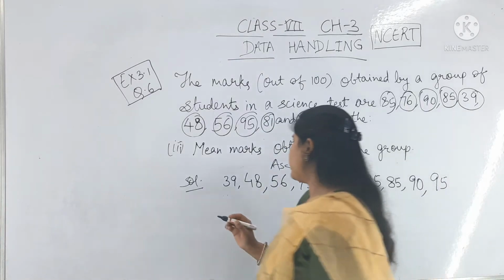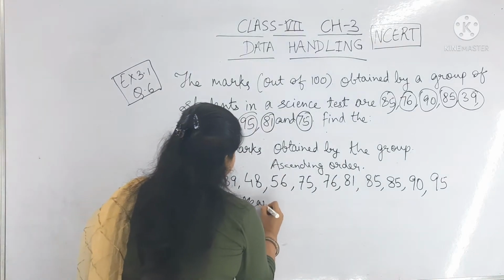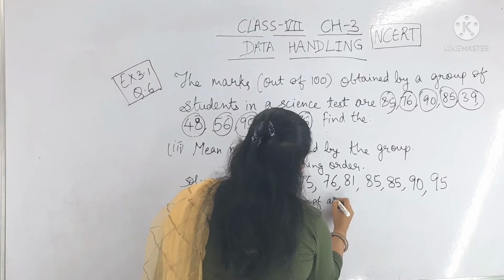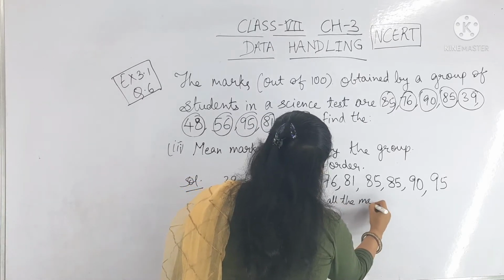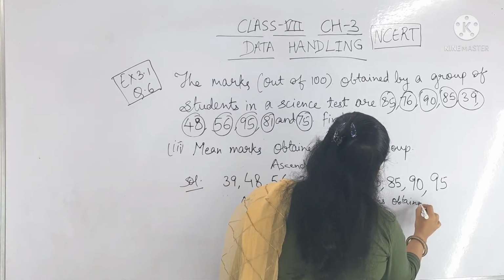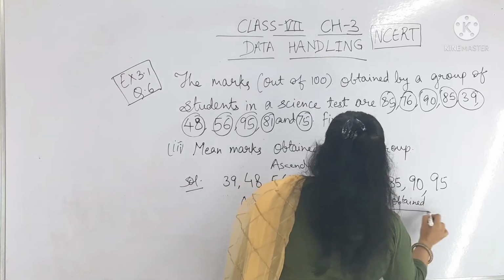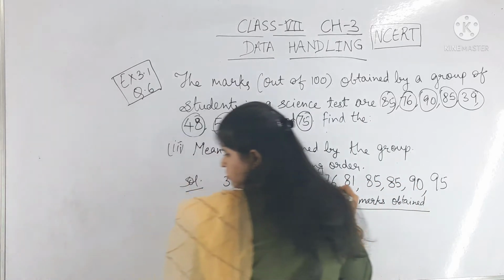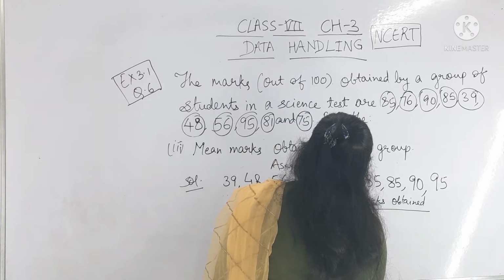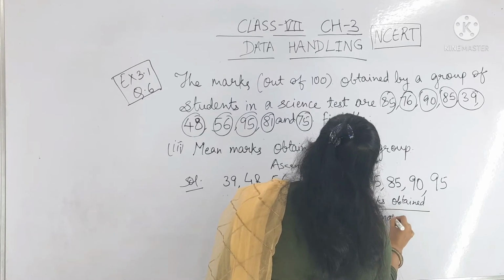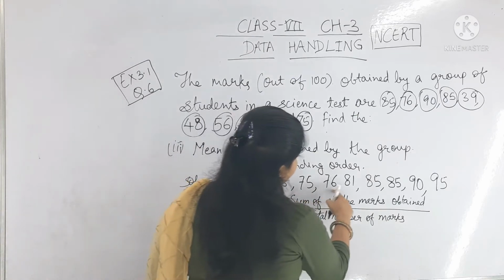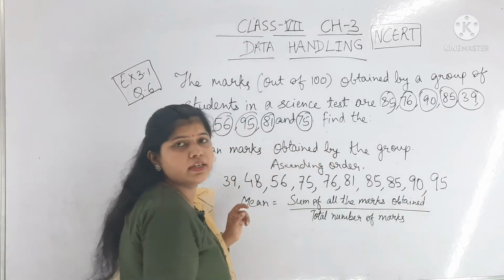We know the formula: mean is equal to the sum of all the marks obtained divided by the total number of marks given. Total number of marks means 1, 2, 3, 4, 5, 6, 7, 8, 9, 10. There are 10 marks.